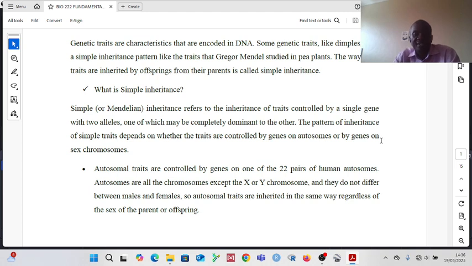The only difference in the pattern of inheritance will be on the sex chromosomes, but the traits on the autosomes will be inherited in the same way. So that's important to remember.